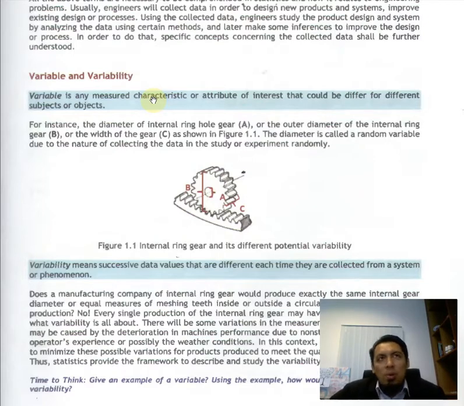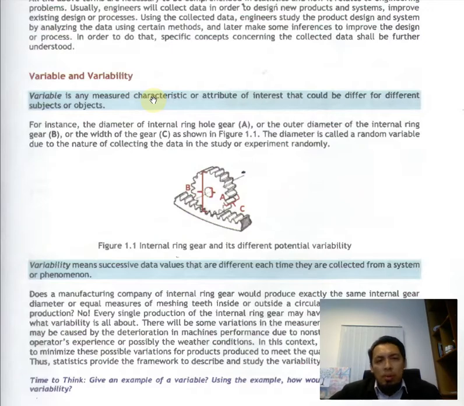Usually if you have experience in conducting or answering a questionnaire, they will ask you gender, and then you have age. Those are demographic questions, and each of those is being asked: gender, age, race.